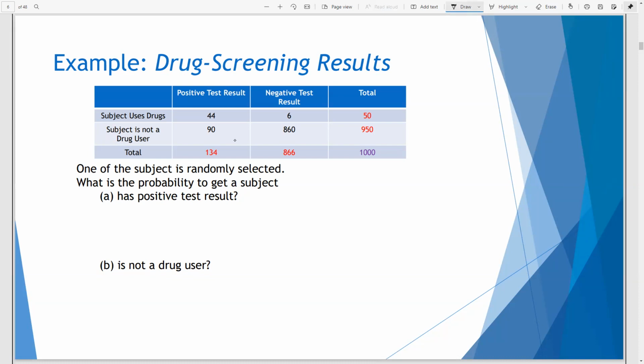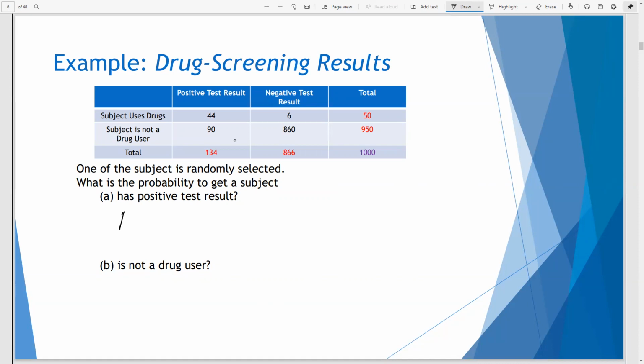Right, so the question now: when one of the subjects is randomly selected, what is the probability that the subject has a positive test result, no matter using or not using drugs? That's 134.